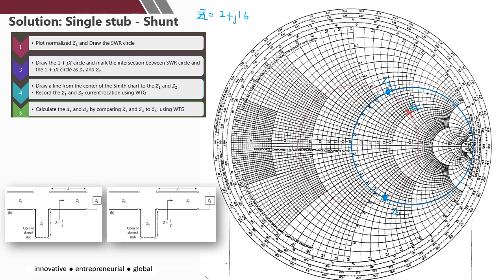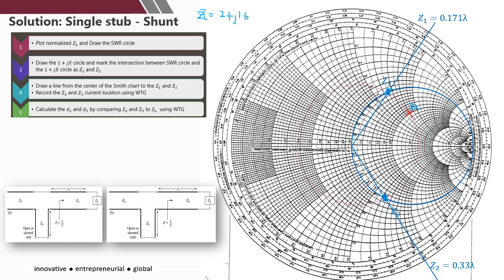Next step is to get the L. So mark the location of ZL, Z1 and Z2 using WTG. Right, so for Z1 it is 0.171, and then for Z2 it is 0.33 lambda.